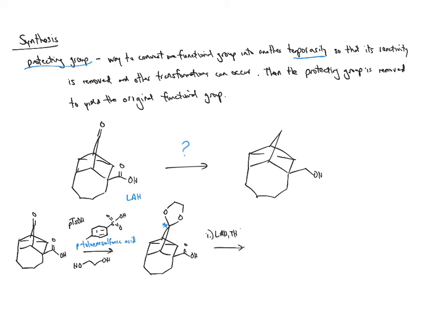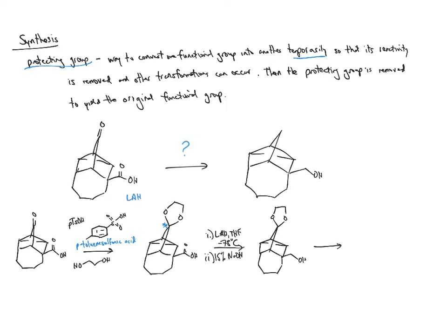So LAH, THF, minus 78 degrees, and we're going to work it up with 15% sodium hydroxide. Right, that's going to give us the reduced carboxylic acid while keeping the acetal intact. Then we need to remove the acetal.